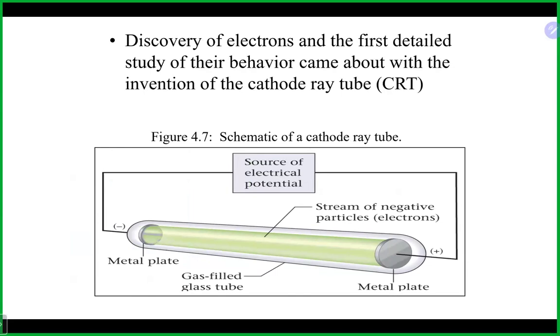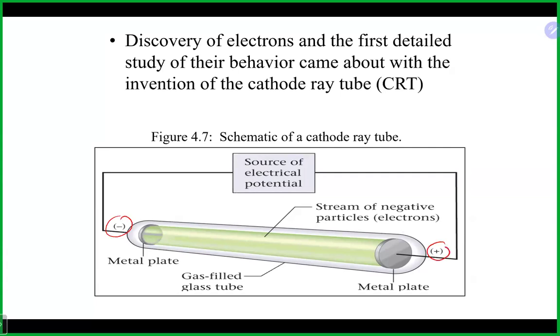A schematic of a cathode ray tube is right there in front of us. We have an electrical field set up. There's a negative side, and there's a positive side over here.